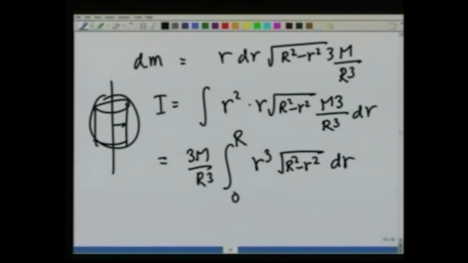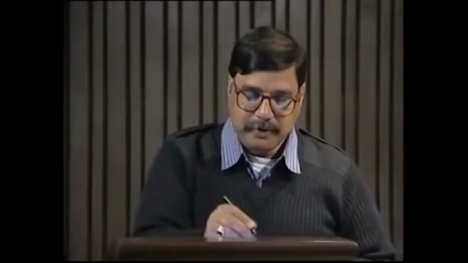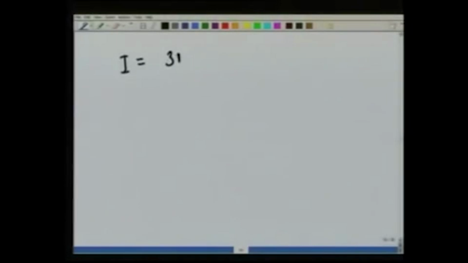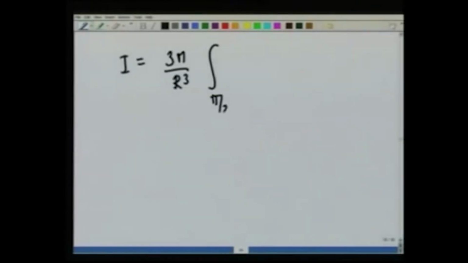To evaluate this integral, again I use r is equal to R cosine of phi, so that dr is equal to minus R sine of phi d phi, and limits are going to be from 0 to pi by 2. So, substituting, I am going to get I equals 3m over R cubed integral, let's see, at 0 it is pi by 2 to 0.